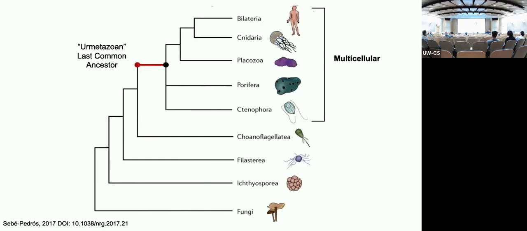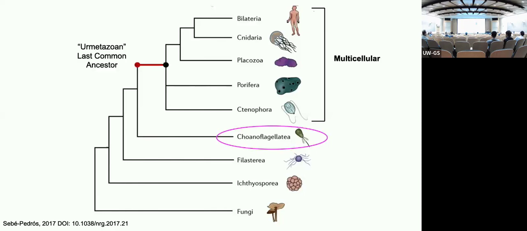So if we're interested in the origin of multicellular animals, what we can do is use this group as a proxy for the last common ancestor, the ancestor that gave rise to all of animals, as well as this single-cell choanoflagellate.